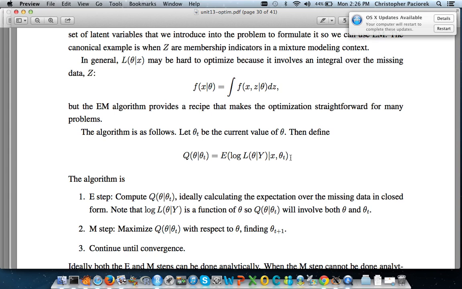So all I have is a sum over i, for k specifically, of p_k,i^t times the usual normal distribution log terms: minus 1/2 log sigma k minus 1/2 sum of (x_i minus mu k) squared over sigma k squared.